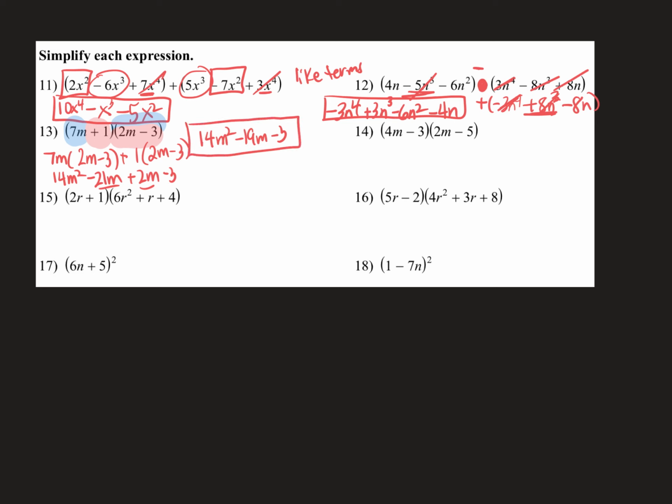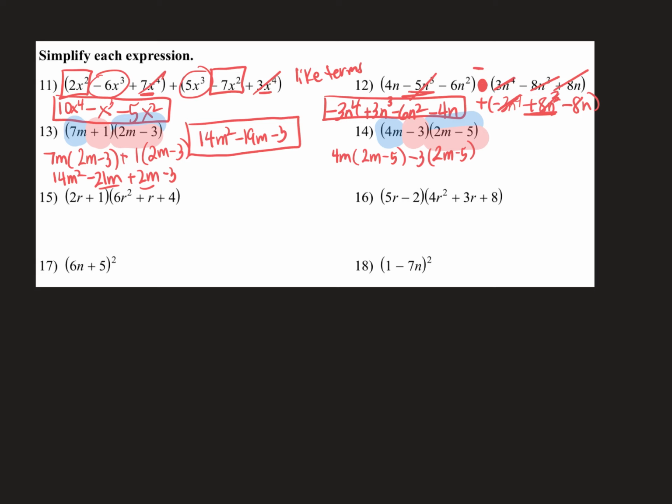Number 14, again, we're going to multiply 4m times 2m minus 5. Then we're going to multiply negative 3 times 2m minus 5. So 4m times the quantity 2m minus 5 minus 3 times the quantity 2m minus 5.